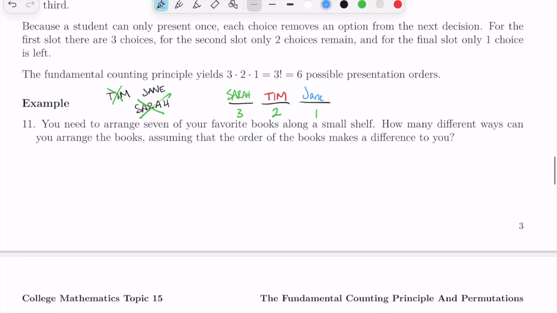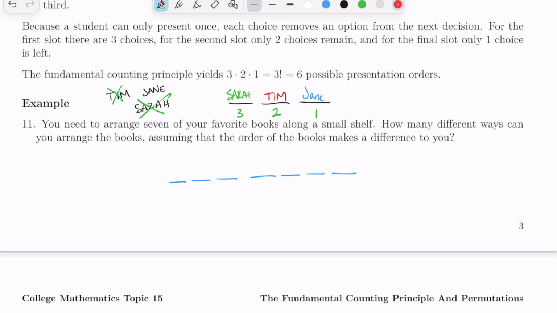If you need to arrange 7 of your favorite books on a small shelf, how many different ways can you arrange the books, assuming that the order does make a difference? Maybe you want them in a very specific fashion. Well, what you think about is all the positions that you have. I have 7 positions on my shelf to put these books.